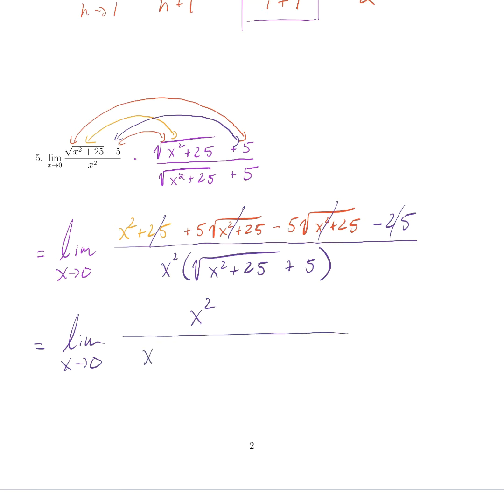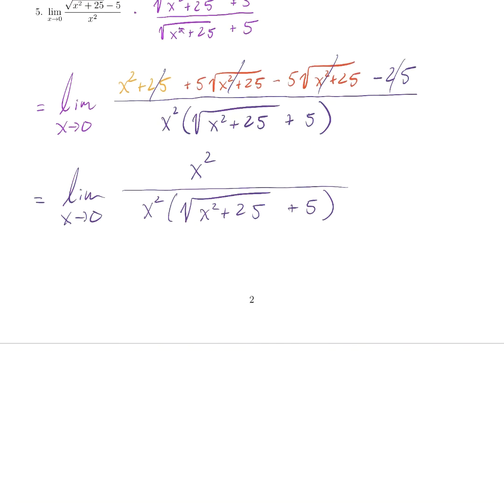And the denominator comes along as x squared times the square root of x squared plus 25 plus 5. Because multiplication is happening there in the denominator, we can simplify one step further. We get the limit as x goes to 0 of 1 divided by the square root of x squared plus 25 plus 5.